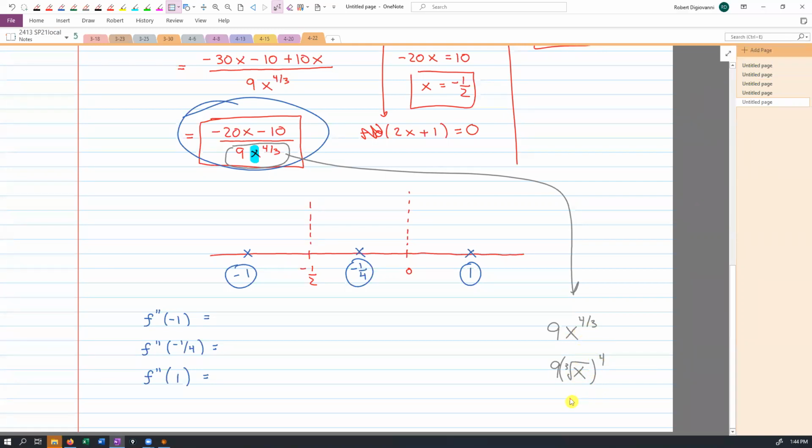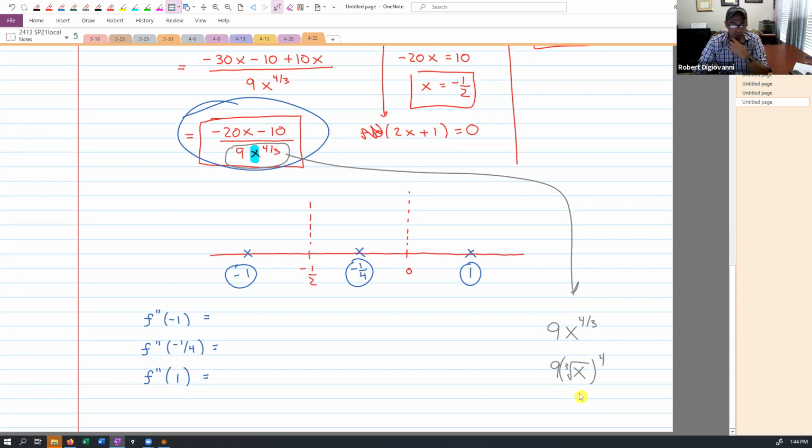So that'll make it positive even if x is negative. No matter what you ever plug in, the denominator in this problem is positive, always. So really all we care about is what's happening in the numerator. So if I plug in -1 for x, I get -20 times -1, which is 20. Take away 10, I have positive. So this should be positive here.